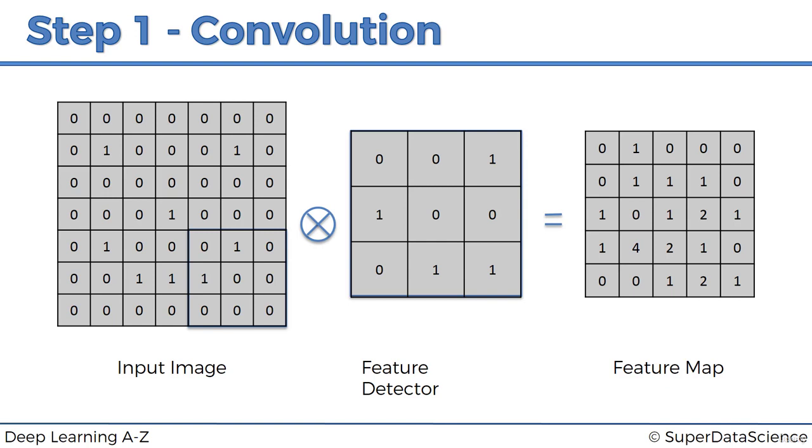But then the question is, do we lose information? When we're applying the feature detector, some information we are losing, of course, because we have fewer values in our resulting matrix. But at the same time, the purpose of the feature detector is to detect certain features, certain parts of the image that are integral. The feature detector has a certain pattern on it.